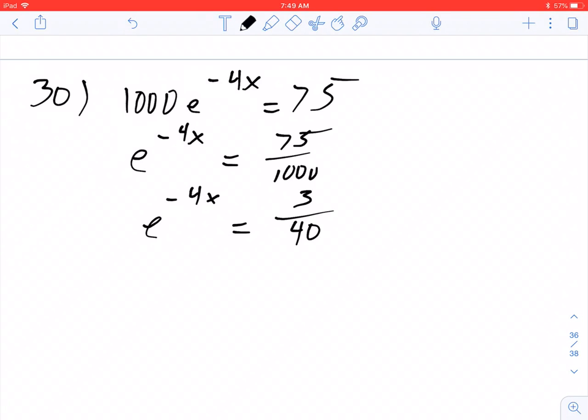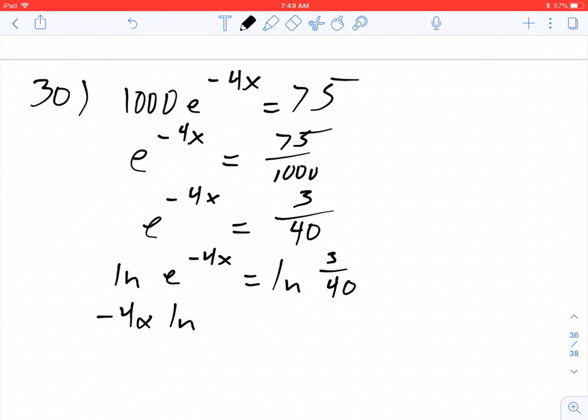The next thing we're going to do is take the natural log of both sides. Again, the reason we're doing that is that it allows us to bring the negative 4x down using the power property.